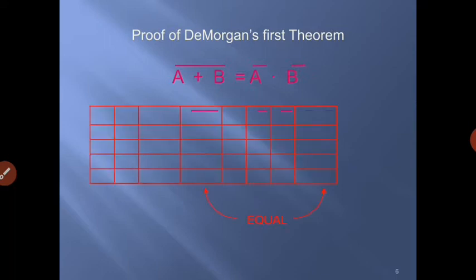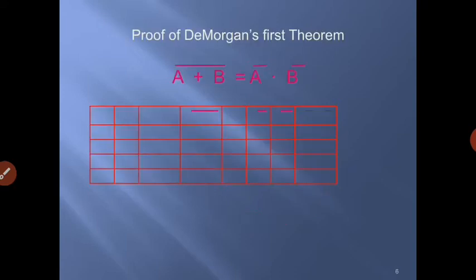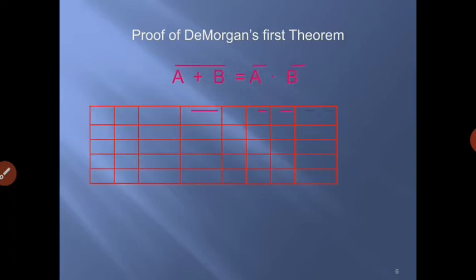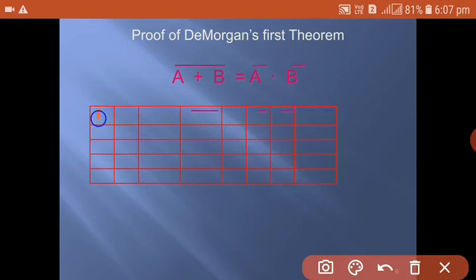If you observe, here the first column is a, next will be b, next a plus b, and next its complement, a plus b whole bar.